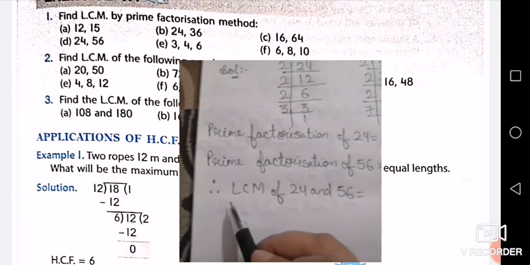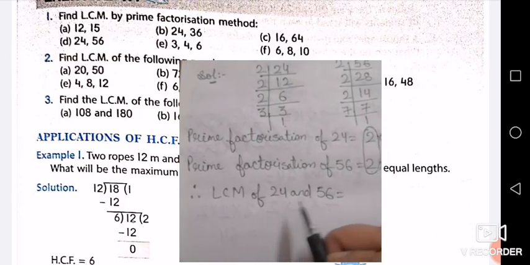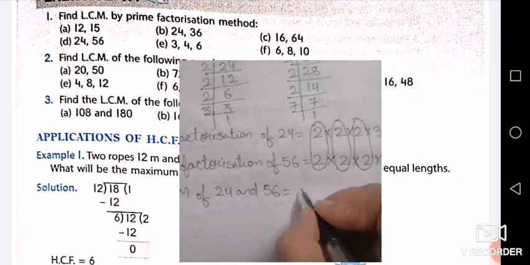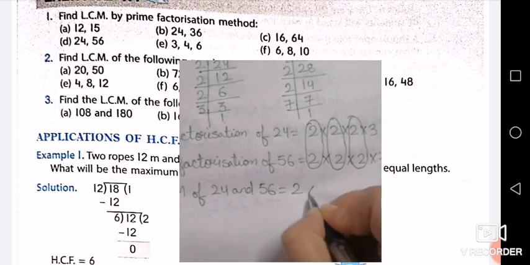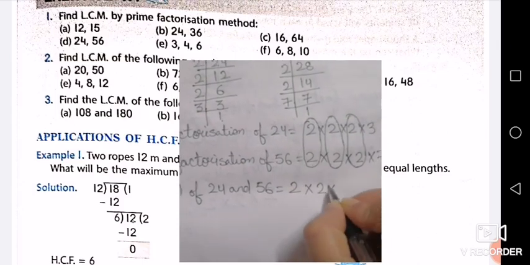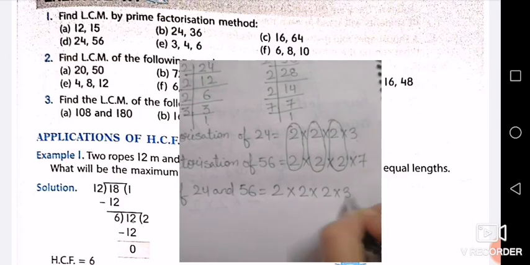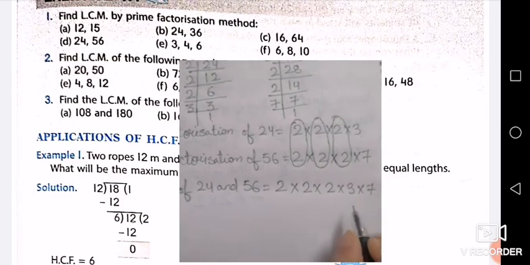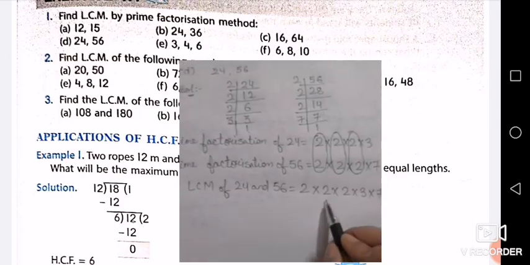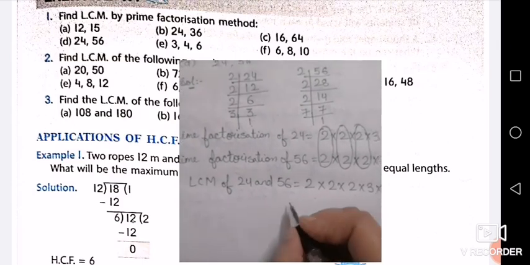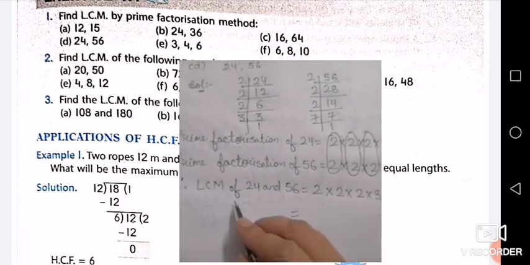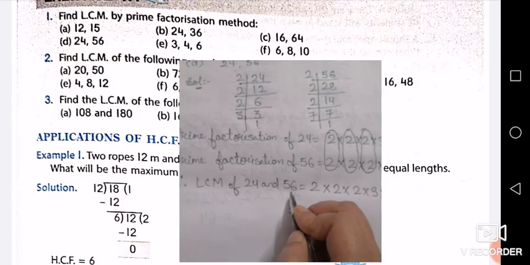So we will write it, therefore LCM of 24 and 56 is equal to 2 multiply by 2 multiply by 2 then 3 and then 7. Now the product of all these factors will become your LCM of 24 and 56.